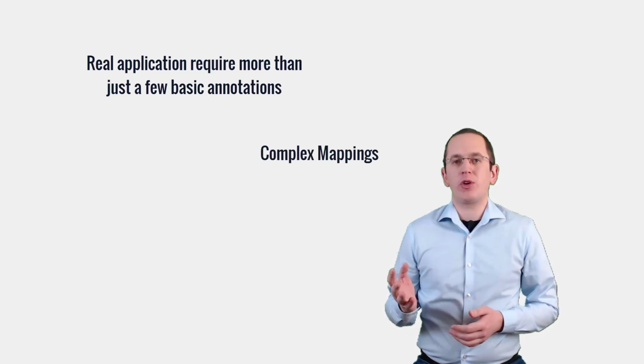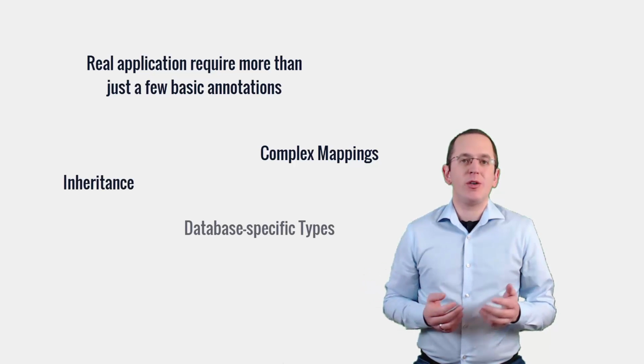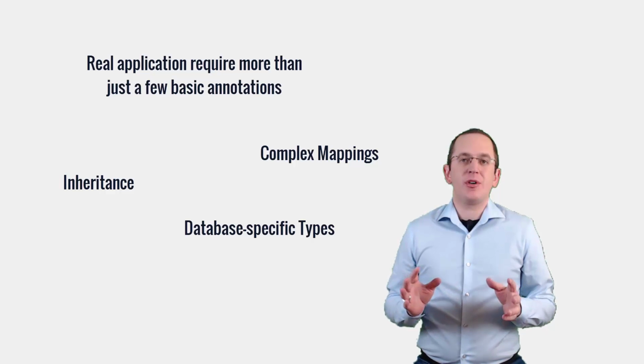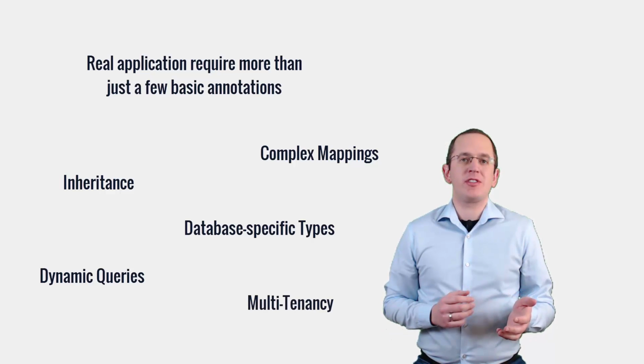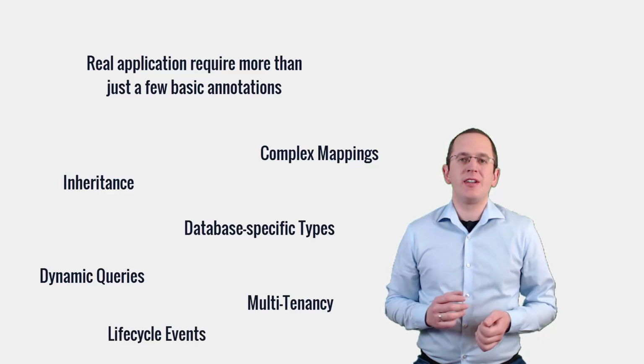Some domain models require the mapping of complex attributes and inheritance hierarchies, or the support of database-specific data types. You often also need to dynamically create your queries based on user input, and some applications even require multi-tenancy or the execution of custom code for certain lifecycle events.